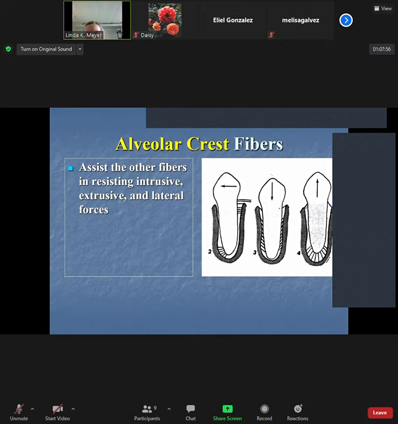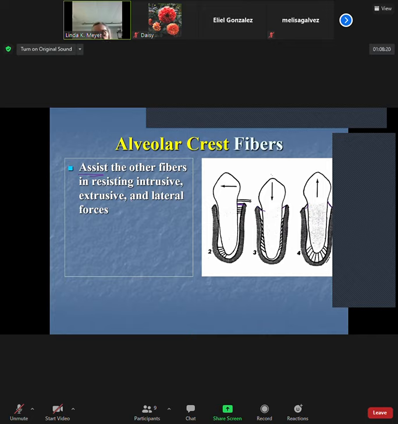Sometimes they might be oriented in this direction, and sometimes they might be directed more horizontally. So they're a very, very small group. So we can just call them accessory. They assist the other fibers. But because they're so small, just at the crest, they're not going to play a major role, but they do.